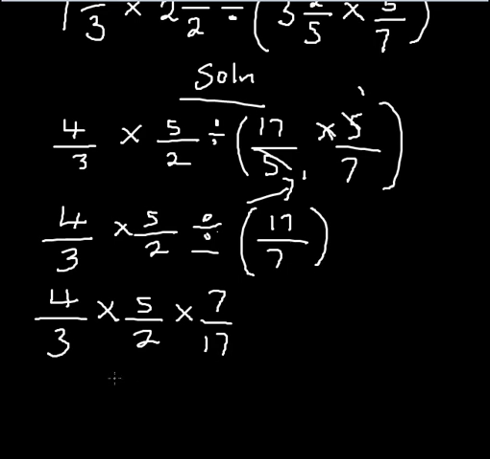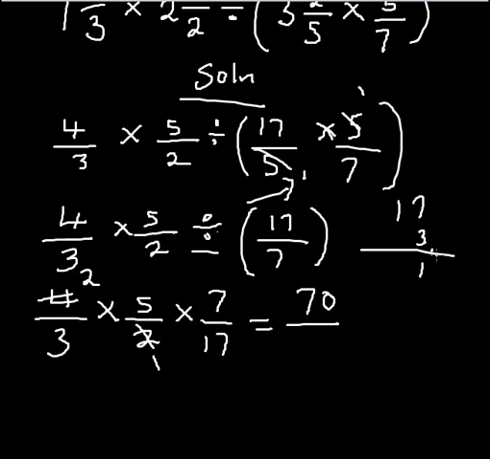So we break down: 2 divides itself 1, divides 4 to give 2. So I'm left with 3 times 2 times 5, that's going to be 10. 10 times 7 is 70. Then divided by 3 times 17. What's 3 times 17? 3 times 7 is 21. I write 21.